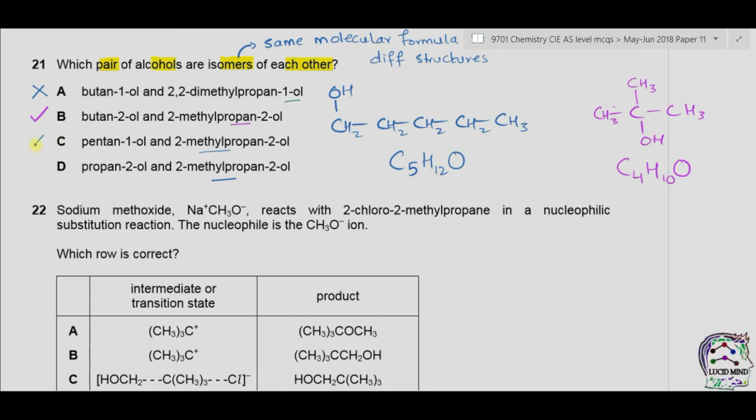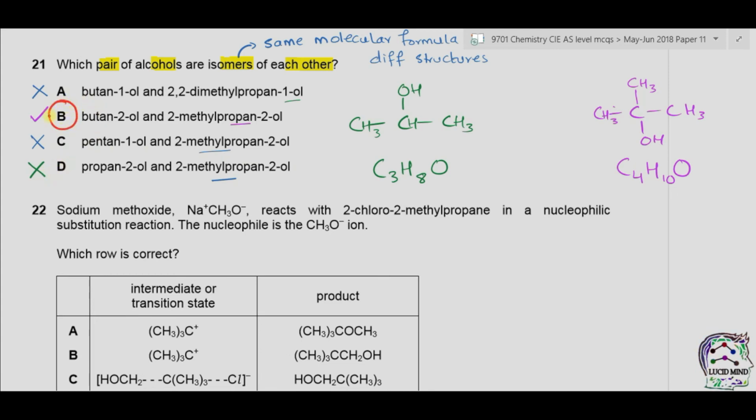Therefore these are not isomers. In D we have propan-2-ol. In propane we have 3 carbon atoms, and on the second carbon we have the OH group attached. The molecular formula is C3H8O. As the number of carbon and hydrogen atoms is different, D is also not an isomer pair. The correct answer is therefore B.